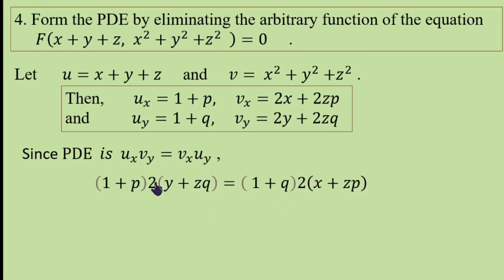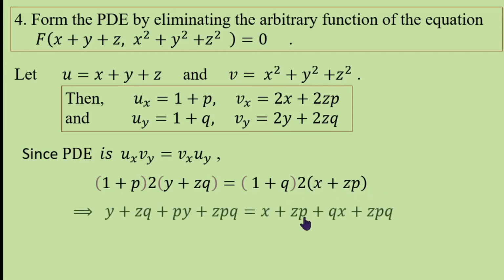Now cancel 2 here, and then next part, 1 into y plus 1 into zq plus p into y plus z into pq. Similarly 1 into x plus 1 into zp plus q into x plus z into pq. Now zpq is common term, cancel.